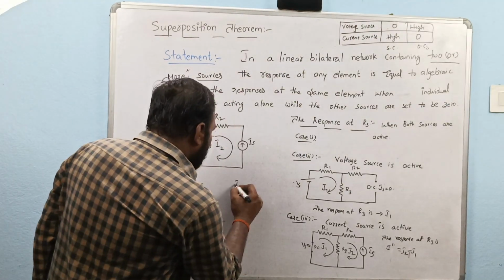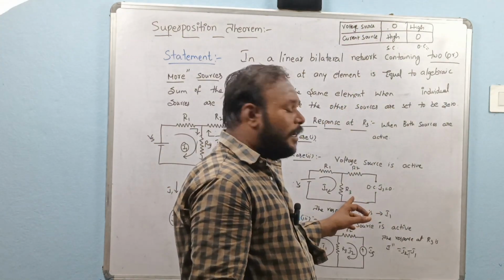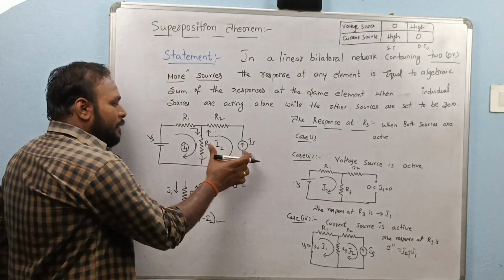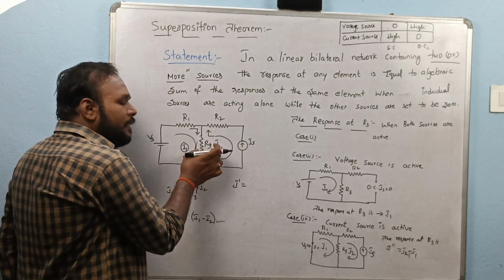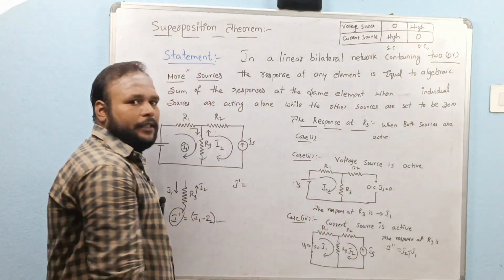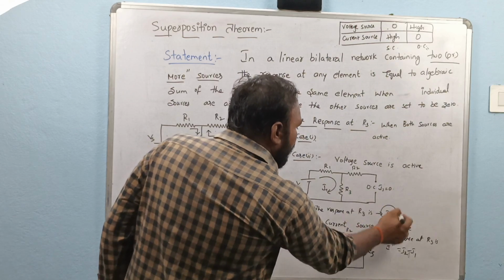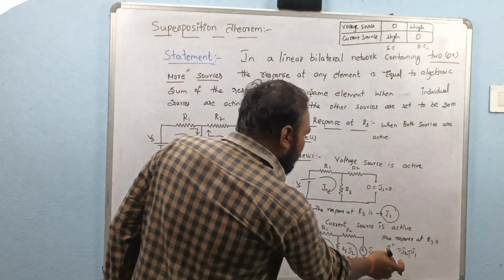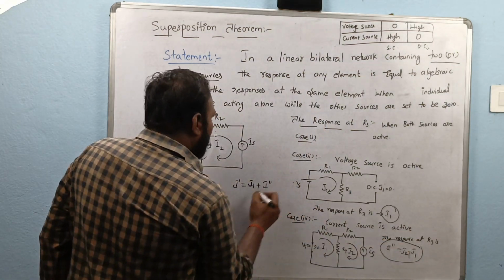So we call it I dash, the current response through the same element. Here also we are taking the response at R3. When voltage source is active, I1 is the response. I1 plus, when current source is active, I double dash is the response.